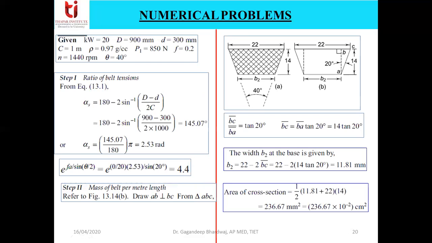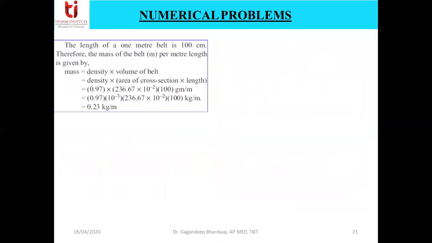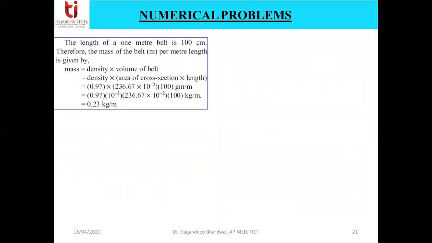The area of cross section in case of a trapezoidal section is half into (18.81 plus B2) into depth, which is 40. So we have calculated the area of cross section. Once you have it, you can calculate the mass, which is density into volume. The area of cross section is known and the length is taken as 100 centimeter, that is 1 meter of belt. This value comes out in kg per meter.